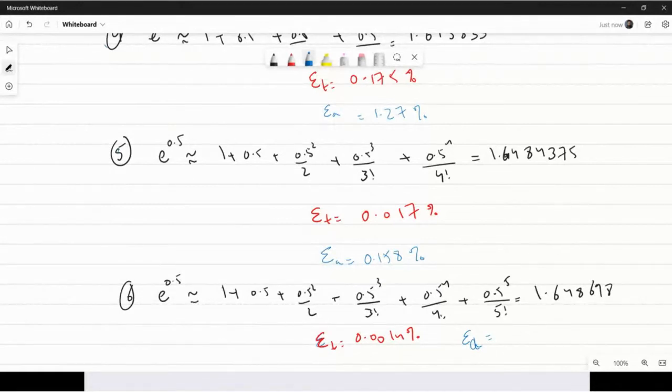And we find the approximate error comes out to be 0.016%. Of course, we have to go below 0.05.